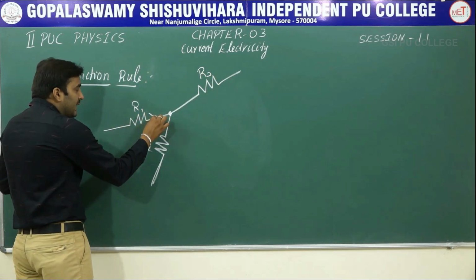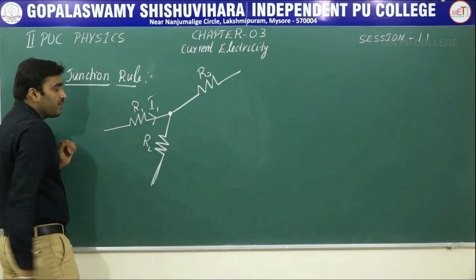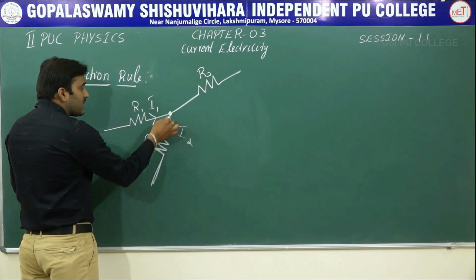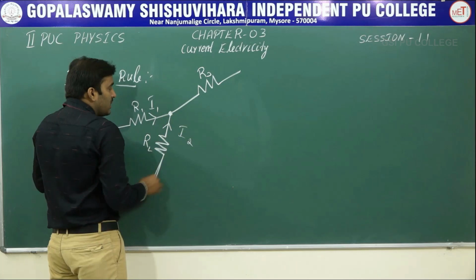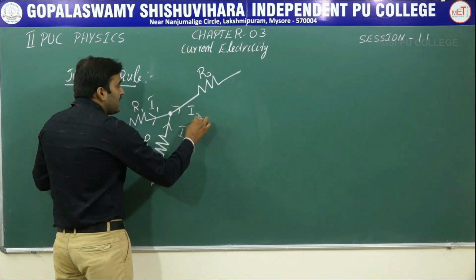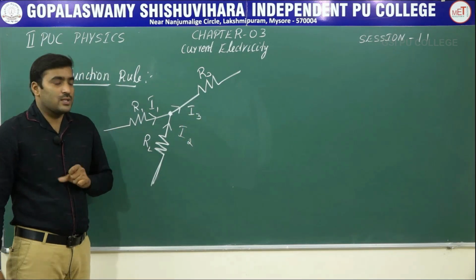Let us say the current I1 is entering the junction and current I2 is entering from this resistor, and at this junction the current I3 is leaving. You can look at the directions of the arrow marks.